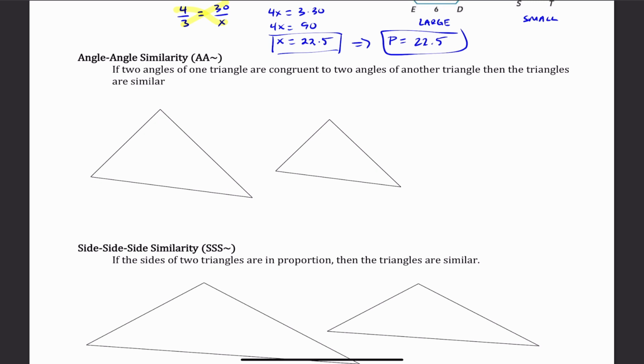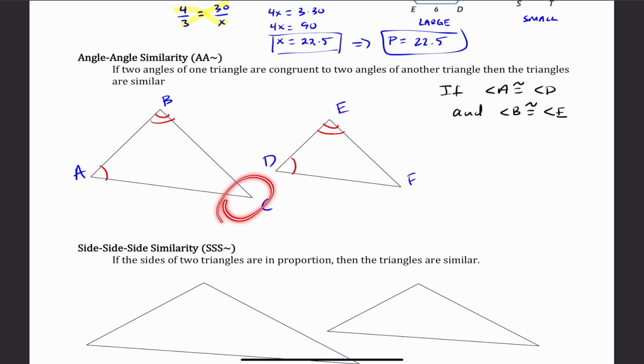So let's go ahead and label this large triangle ABC, and then I'm going to label the smaller triangle as DEF. And then we can say that angle A is congruent to angle D, and angle B is congruent to angle E. So if angle A is congruent to angle D, and angle B is congruent to angle E, then we obviously know that angle C is congruent to angle F, right, by the third angle theorem.